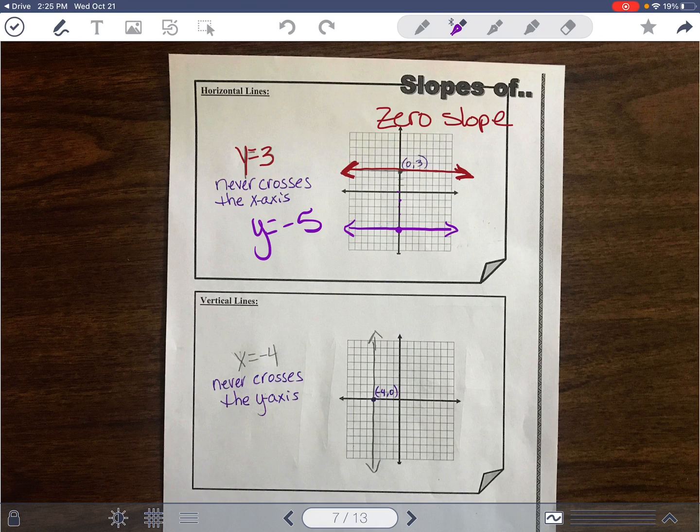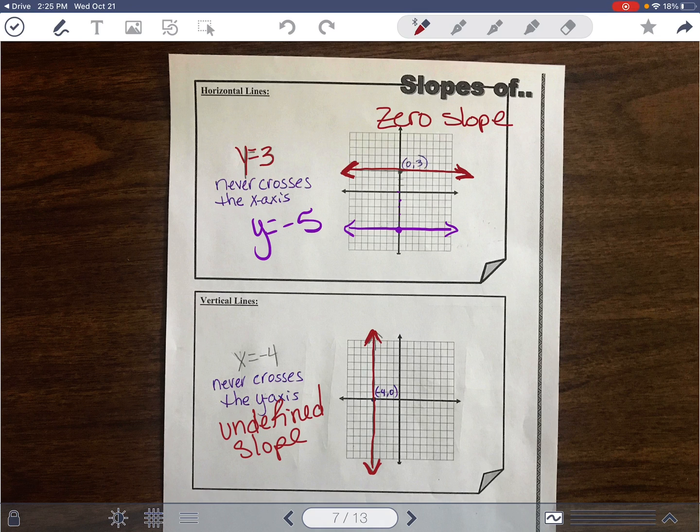Okay? The next are the vertical lines. These lines go straight up and down. That's what vertical means. And they go through the x-axis at that one point. So up and down lines do not have a slope. It's called undefined slope. There's no steepness at all. Actually it's very steep, but you can't even walk up and down it.